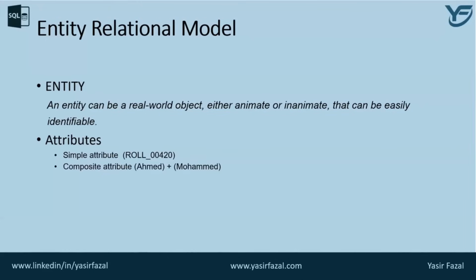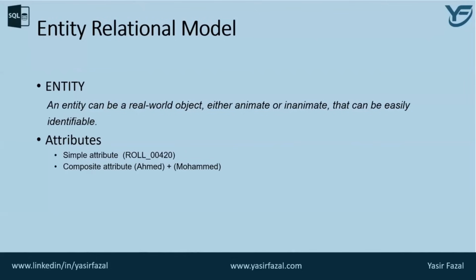Next one is composite attribute. A composite attribute is basically a concatenation of two or more simple attributes. So composite attributes are made of more than one simple attribute. For example, a student name may have first and last name.